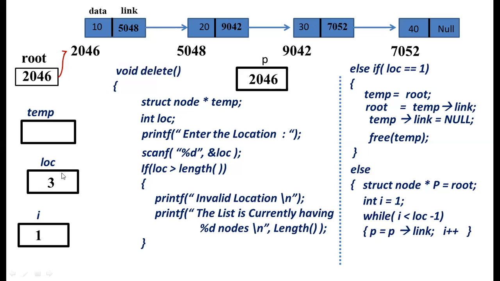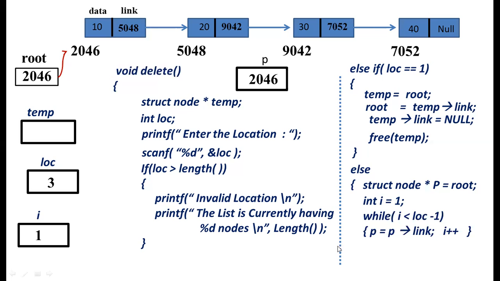If I give the location value as 3, I am inserting the node after this particular third node. Whereas in this case, when I give the location value as 3, I am deleting the current node, that is, this particular location. So we are deleting the node at this specified location.